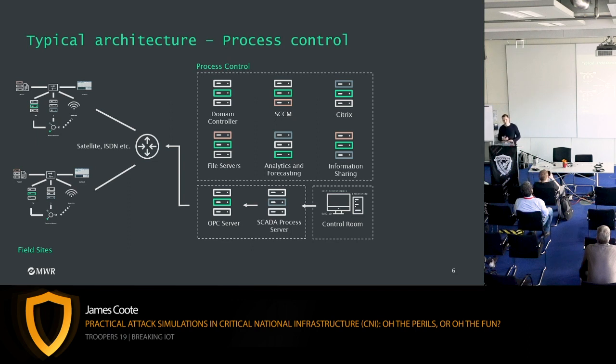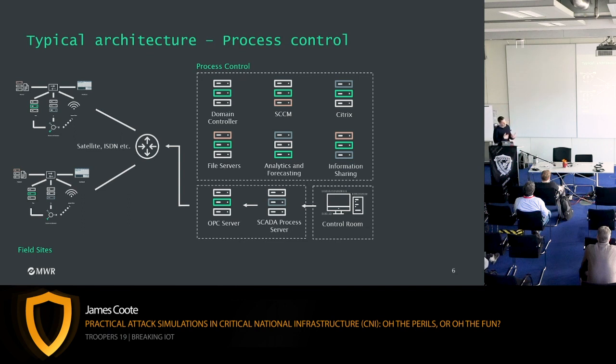So these are where your operators are sitting, typically working in a shift pattern, monitoring their OT-specific applications and checking everything's running correctly, and taking any corrective measures that they need to. These OT-specific applications will then be interfacing with things such as the SCADA process servers and the OPC servers. And these are the things that are speaking directly to those physical processes that an attacker is trying to manipulate.